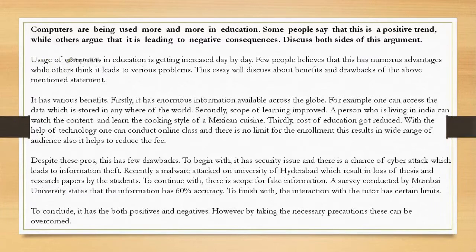So we can say usage of computers in learning is getting increased day by day. Or even better way of writing the sentence could be that these days, the usage of computers in the learning process is increasing on a daily basis. Okay, this is how we can paraphrase.